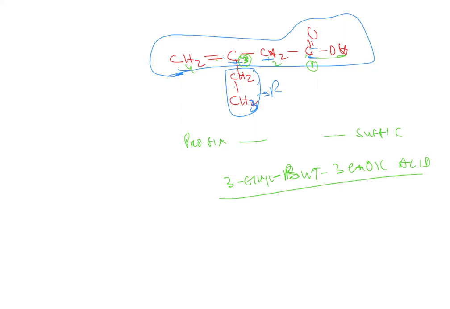Unless, say you have another ethyl group here, then you put 3,3-di, but in this case it's not there. It's but-3-enoic acid. There should be a hyphen before 3. That's how you do that.